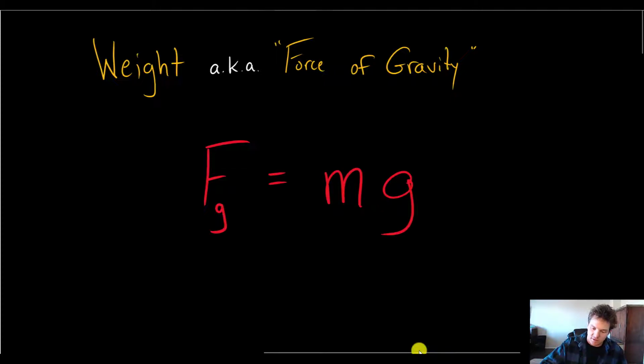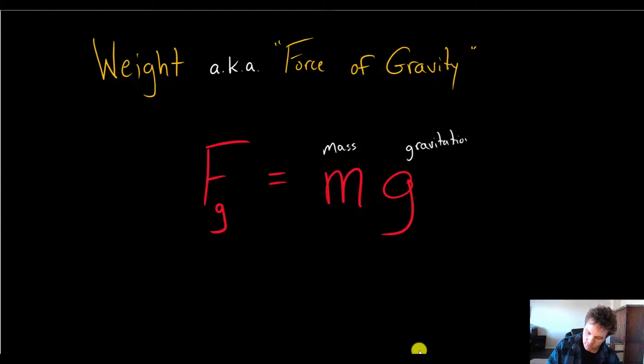This is the weight, F_g, the force of gravity, and this is an object's mass, and this is what we call the gravitational pull strength. It's the acceleration of gravity, right? So this is generally 9.8.